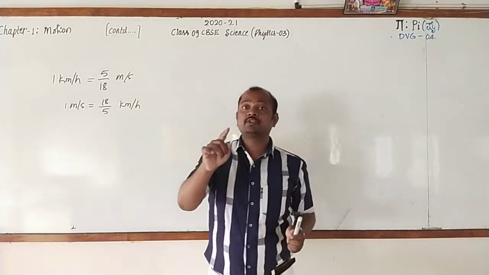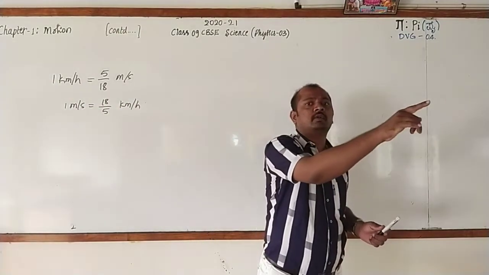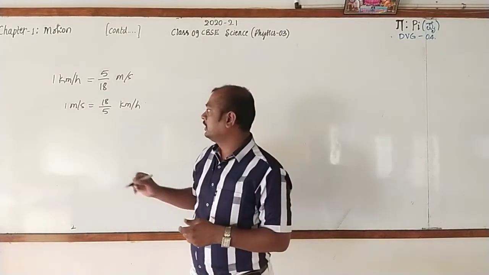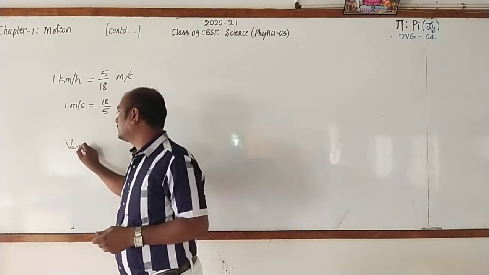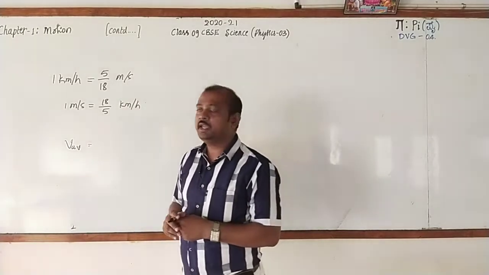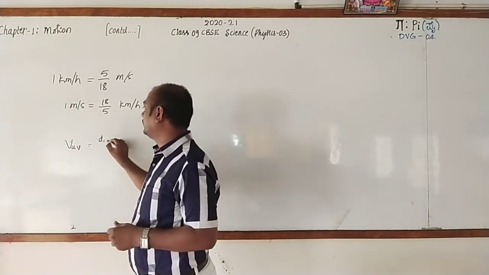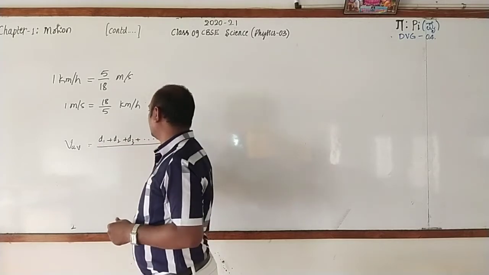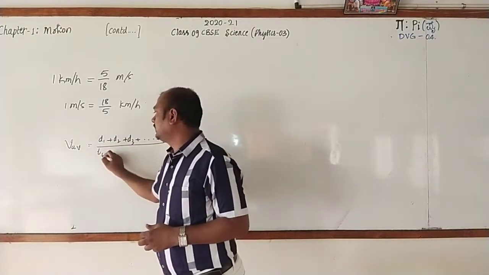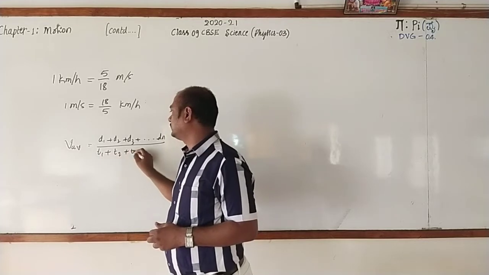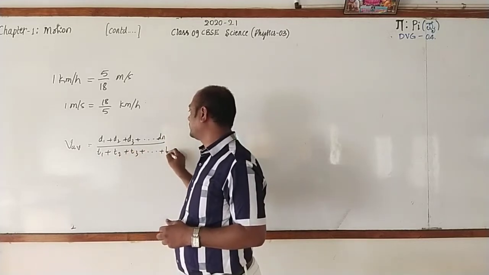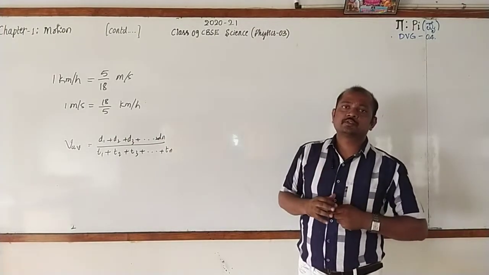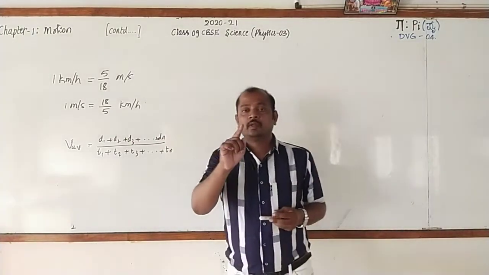It is the ratio of total distance traveled to total time taken. You can recall the formula: v_av equal to d1 plus d2 plus d3 plus so on plus dn, divided by t1 plus t2 plus t3 plus so on plus tn. Got it? It is also applicable for velocity.